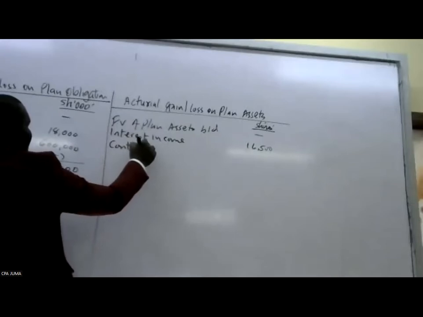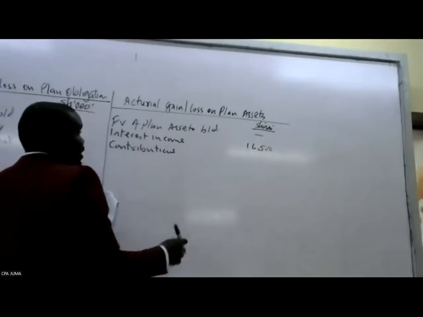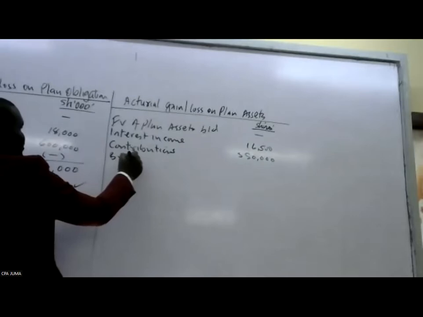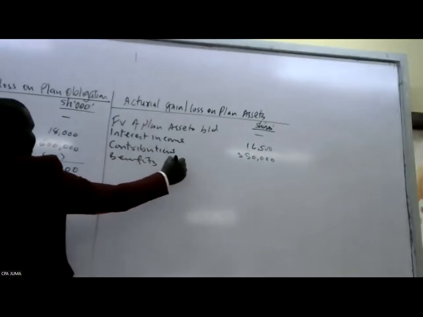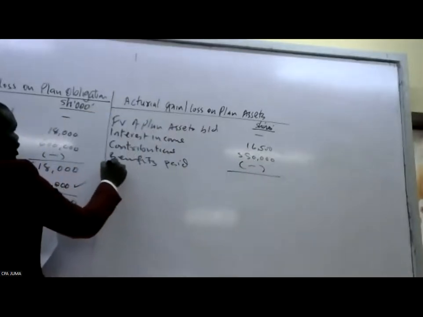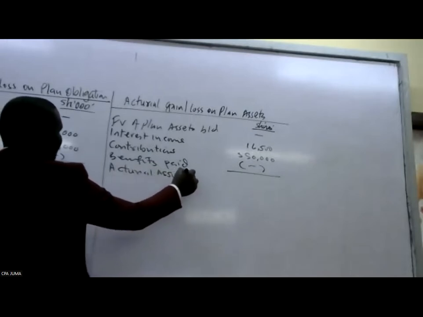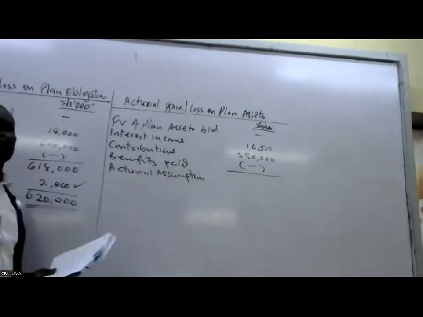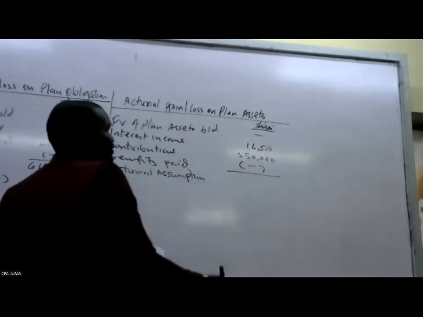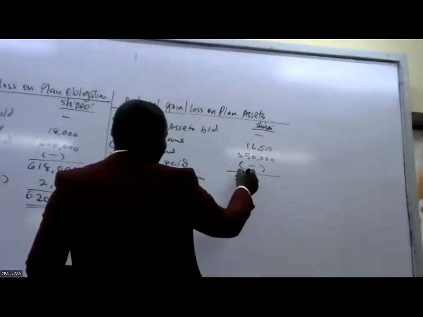Contributions was how much? Contributions 550. Benefits paid: none. Therefore, actuarial assumption, how much? 566.